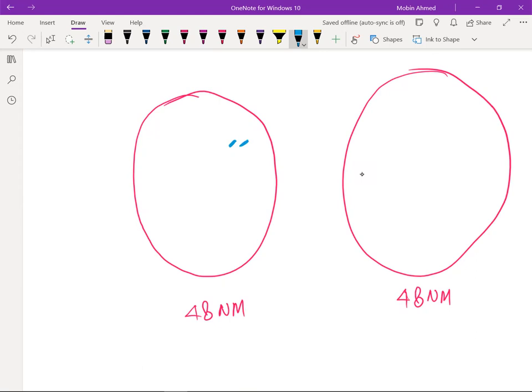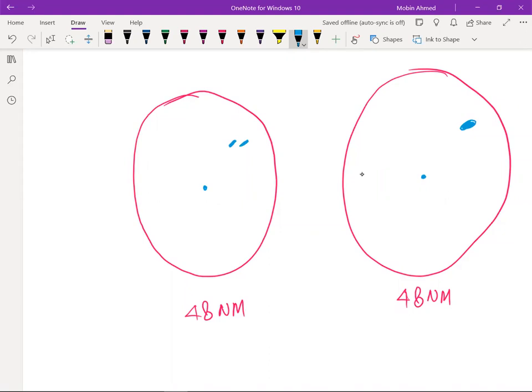These two targets are very nearby, close to each other. But if you see in this one, it will try to appear as one big target.